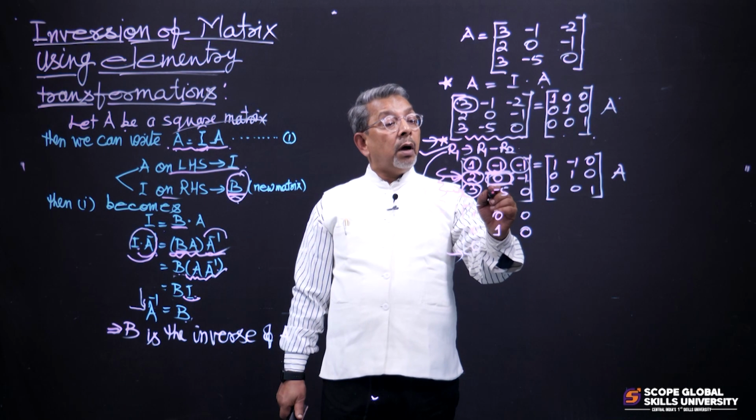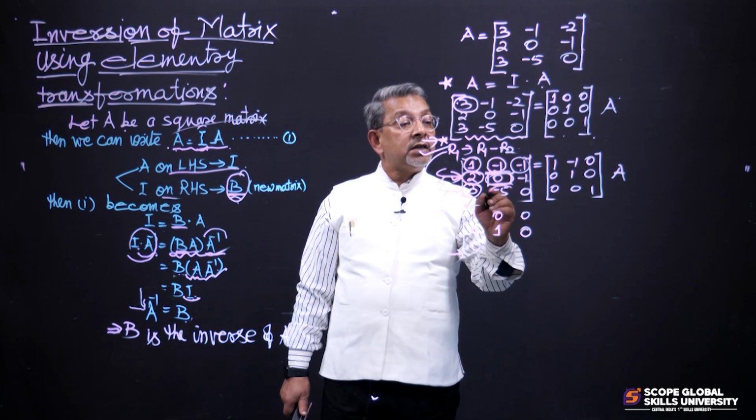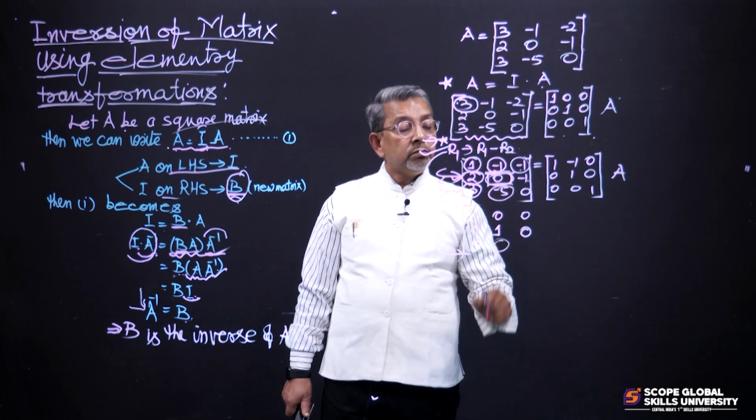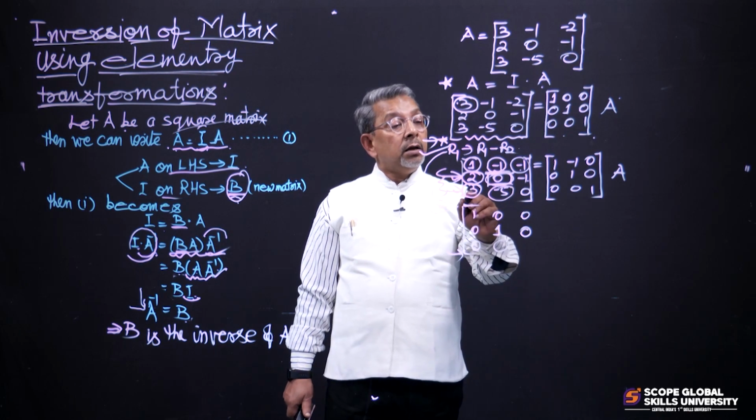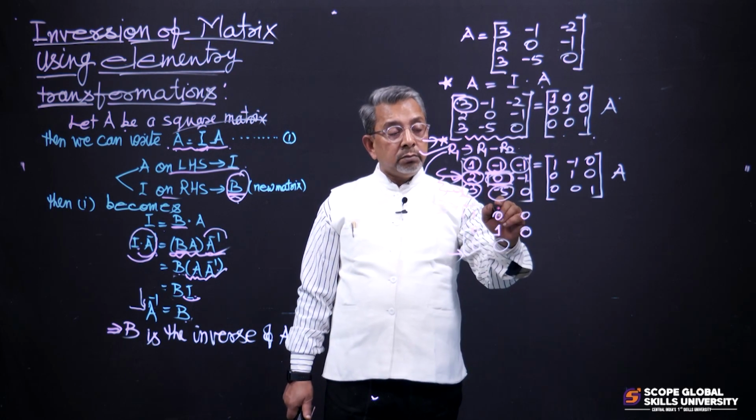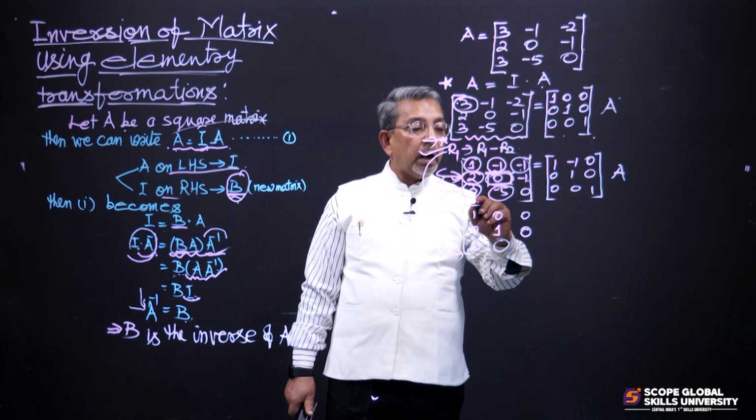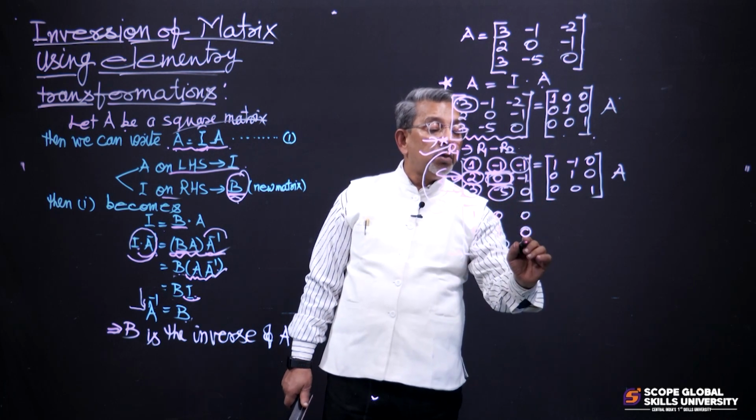Now to reduce this element to 0, that means the element in the third row second column must be 0, and the element in the third row, third column must be 1.